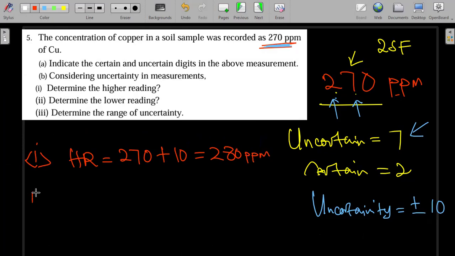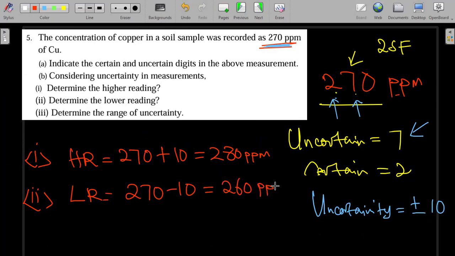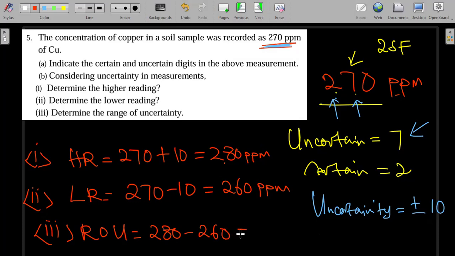The lower reading will be 270 minus 10, which gives me 260 parts per million. The range of uncertainty is the higher reading, 280, minus 260. So we get 20 parts per million. This is the range of the uncertainty.